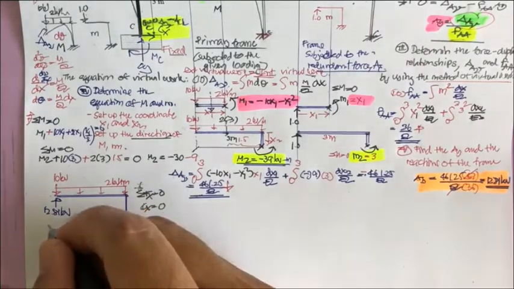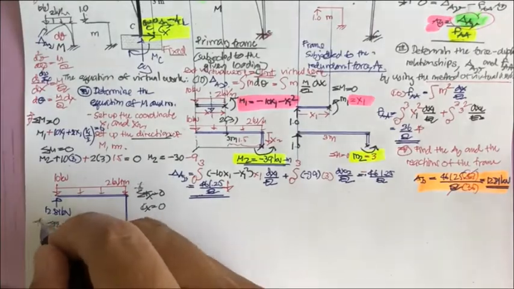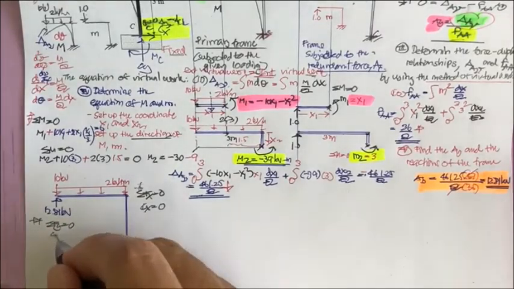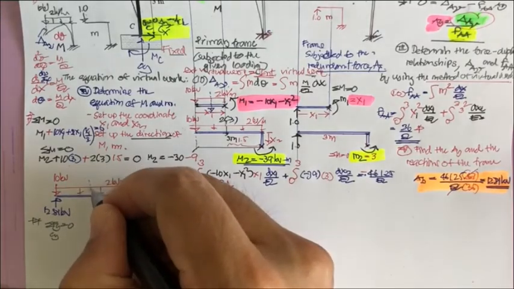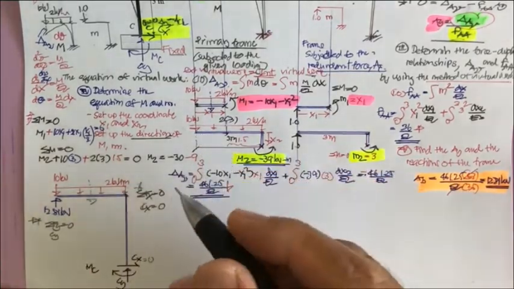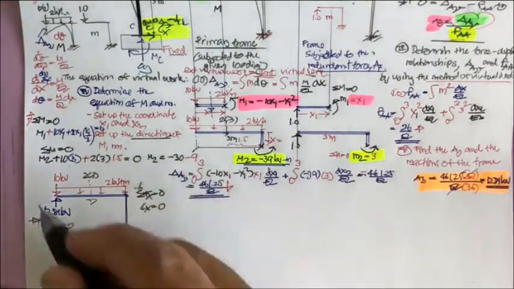And if you do the summation of F sub Y equal to 0, upward is positive. Your C sub Y is upward. Okay, this one is downward of 2 times 3. This one is 10.